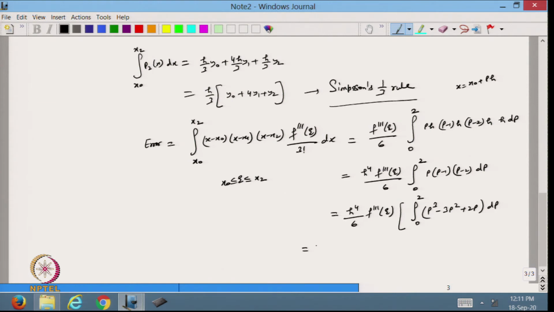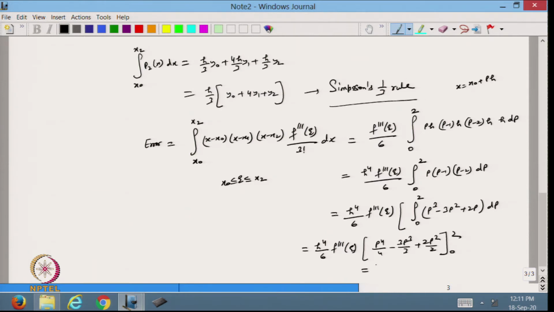Now from here I will get h raised to power 4 by 6, then the integration: p4 by 4 minus 3p cube by 3 plus 2p square by 2, from 0 to 2.